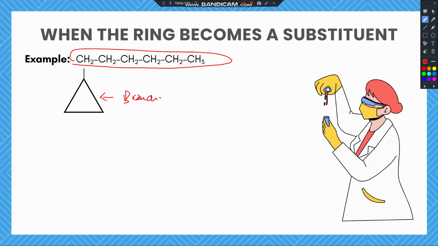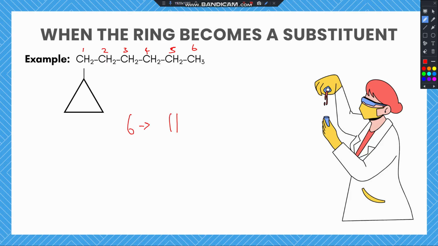So how do I name it? Well, the first thing to do is to get the number of carbon atoms in the parent structure. So I have 1 carbon atom, 2 carbon atoms, 3, 4, 5, 6. 6 carbon atoms means I have the parent name hexane, since it is an alkane, single bonds throughout the structure. Now, this is the branch. When cyclic compounds become the branch, they retain their prefix cyclo, but their ending changes to an alkyl name.